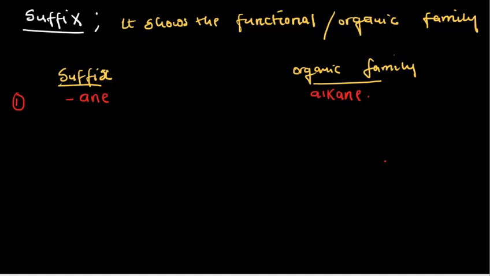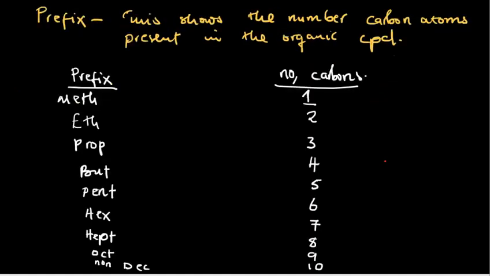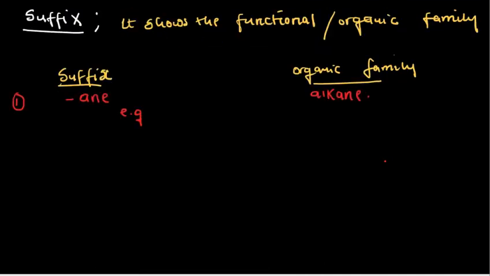Let's have an example. Remember from the previous part, we said the name must start with a prefix. So let's take eth.